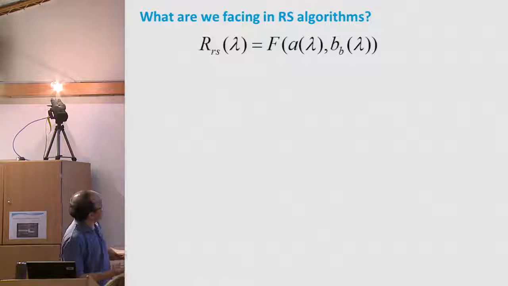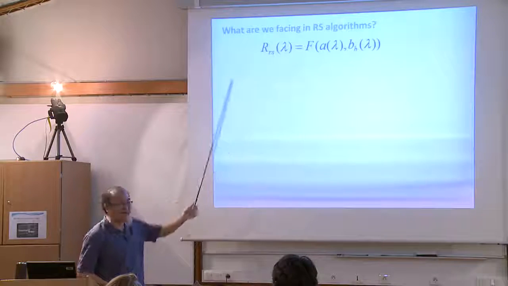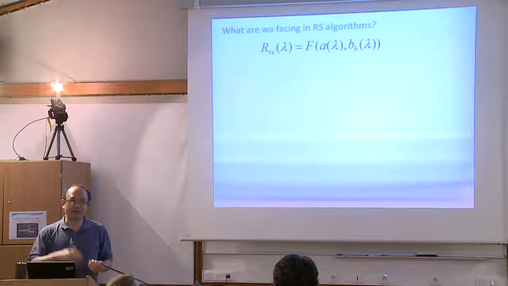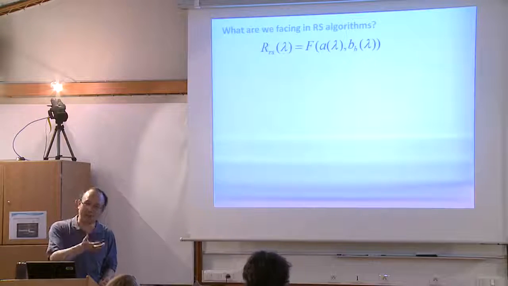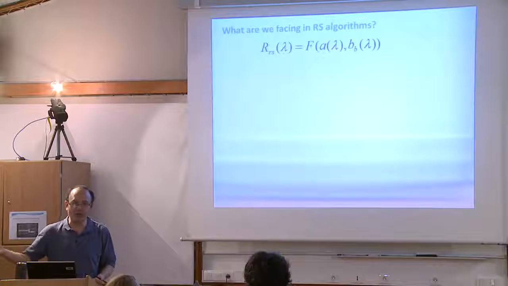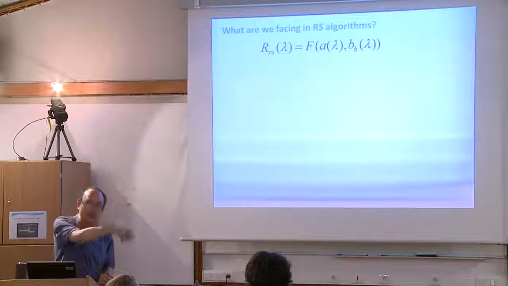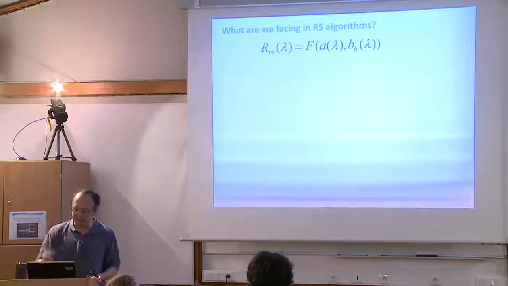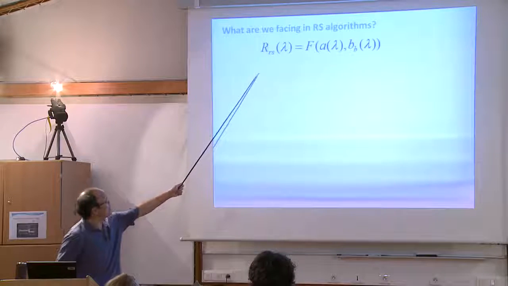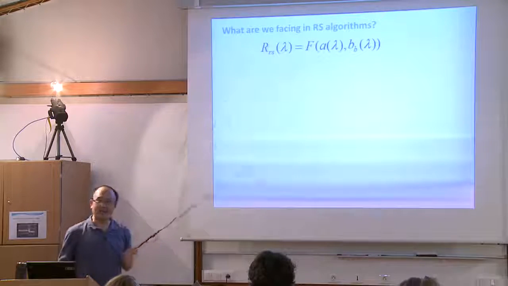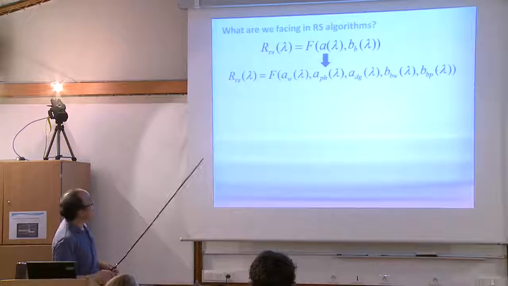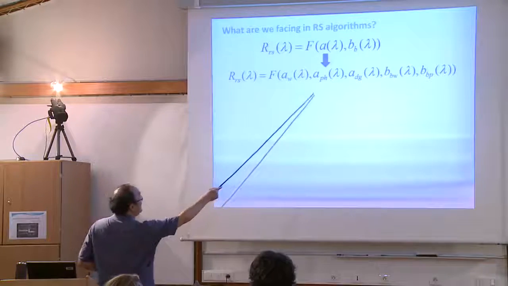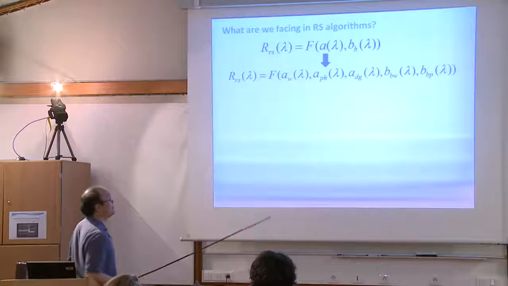So generally, as I mentioned, remote sensing reflectance is a function of A and BB. The details you can use depend on your preference. You can use Morel's equation, you can use Gordon's equation, or you can use one of those equations I listed there. But generally speaking, remote sensing reflectance is a function of A and BB. Then remember we talked about that A has aph, adg, and BB has water and BBP.